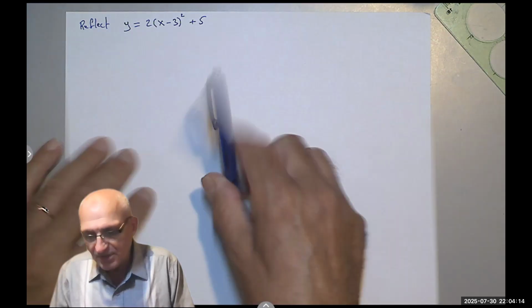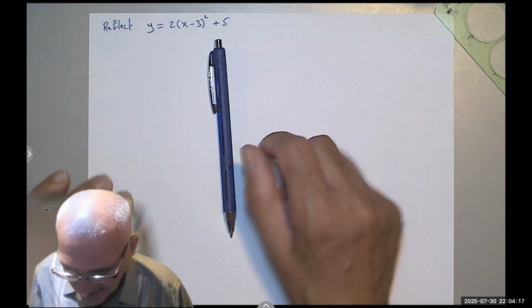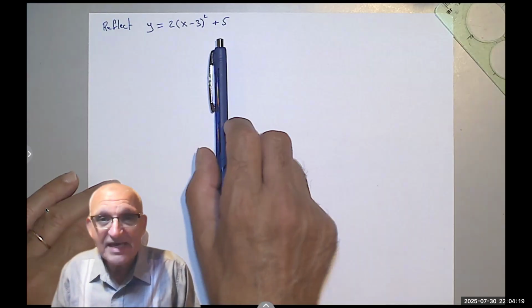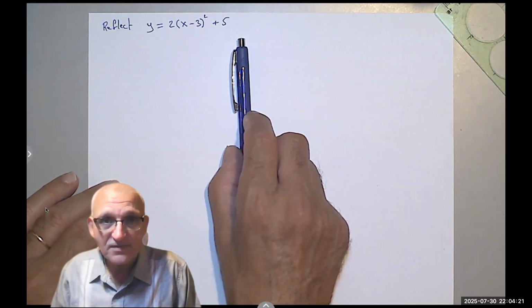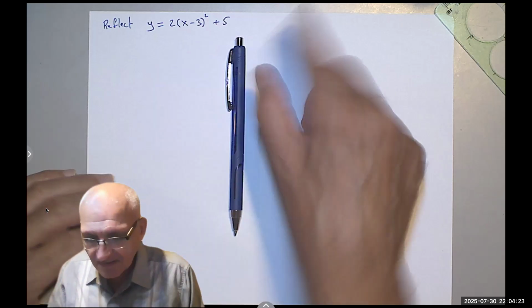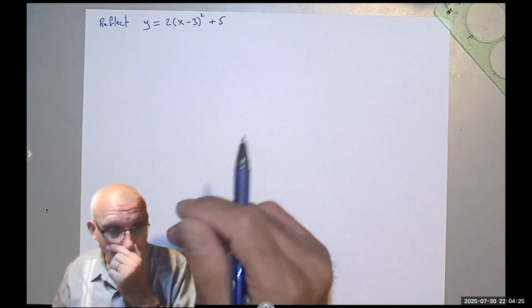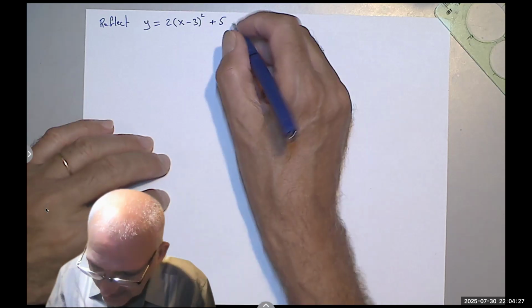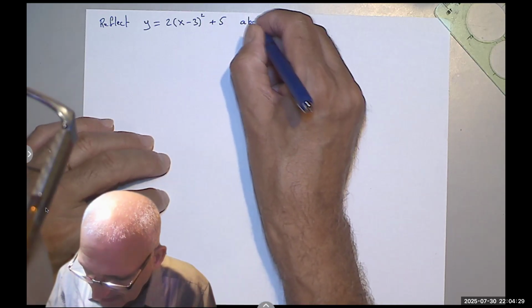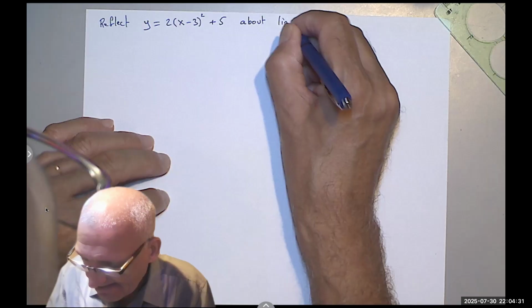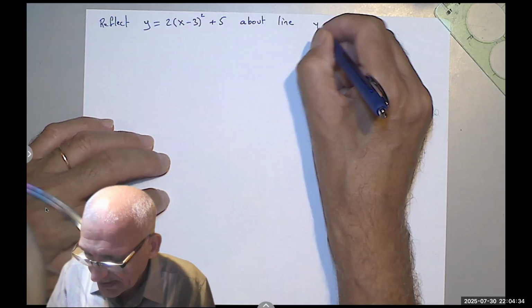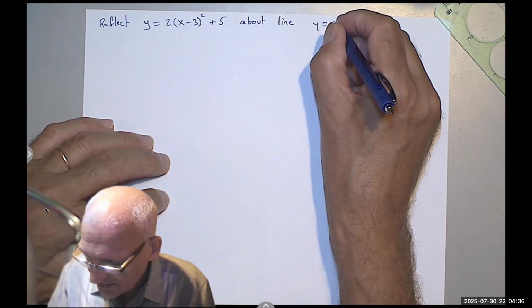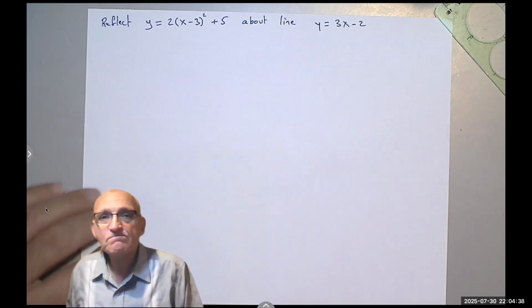We know that's a parabola that has its axis of symmetry at x equals 3, right? And it's opening up. And we want to reflect that about the line y equals, say, 3x minus 2 or something.